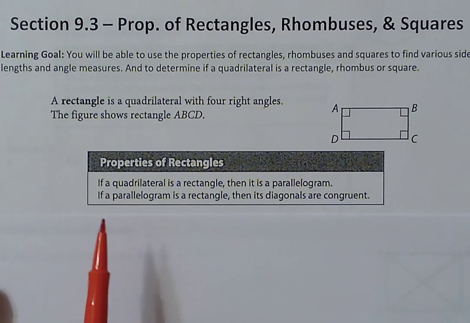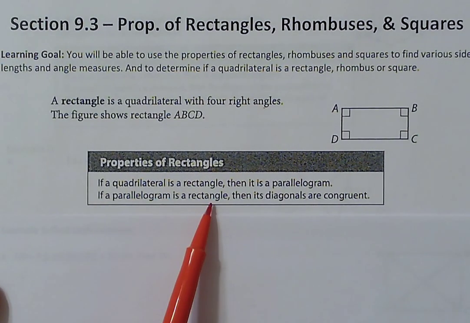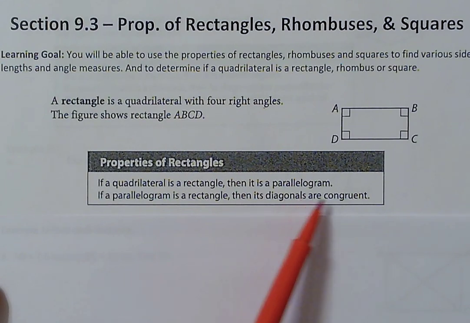Now, the other one is if a parallelogram is a rectangle, then its diagonals are congruent. What we talked about with parallelograms is that their diagonals bisect each other, so those individual parts were congruent. For rectangles, we're saying that the diagonals are congruent to each other.